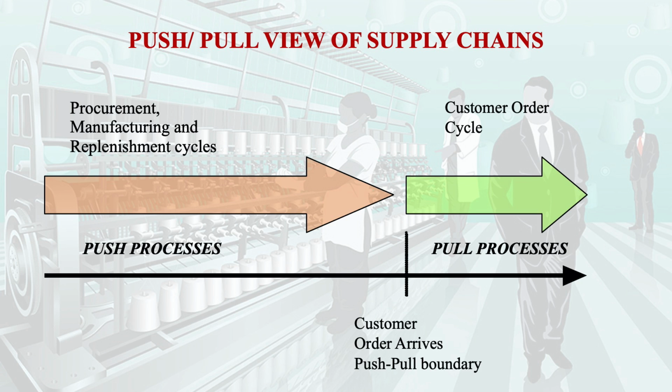Now, in today's atmosphere, no process is completely a push system and no process is completely a pull system. What we do is make the items up to a certain stage on the basis of forecasting, which is known as the push stage.